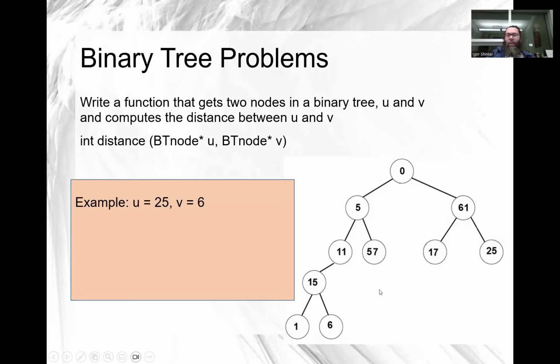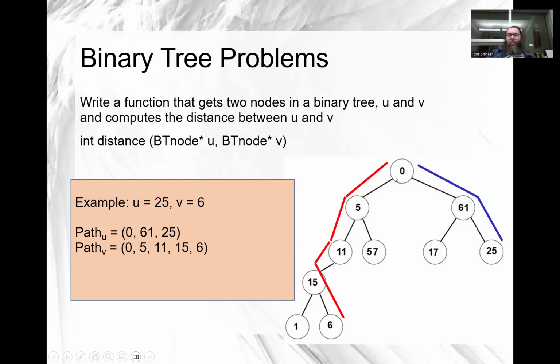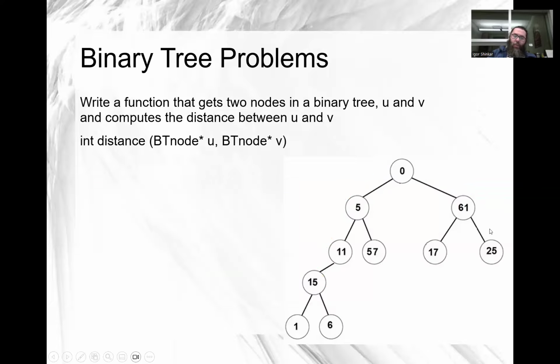Let's say we have 25 here and 6 here. What's the path of 25? It's this path. What's the path of 6? It's 6, 15, 11, 5, 0. So we need to do 1, 2, 3, 4 here and 1, 2 here. So together it's 6.